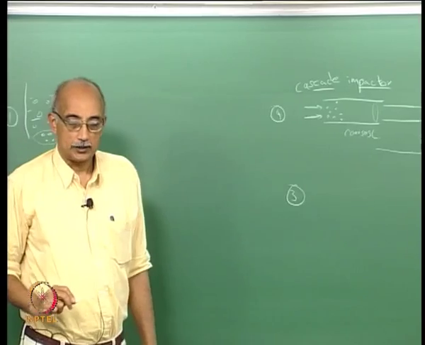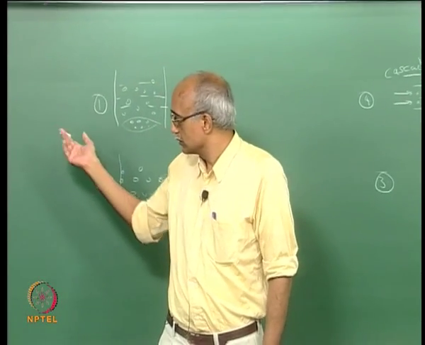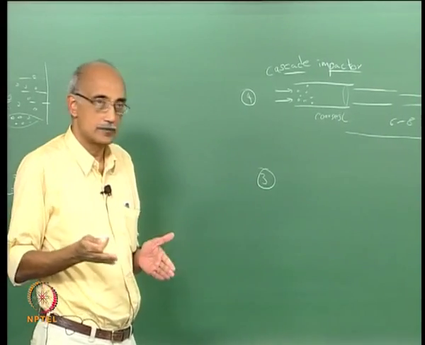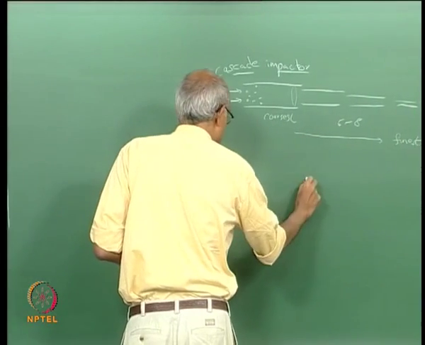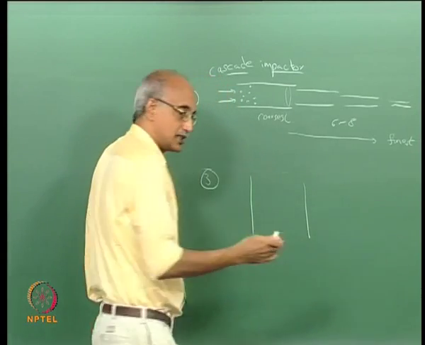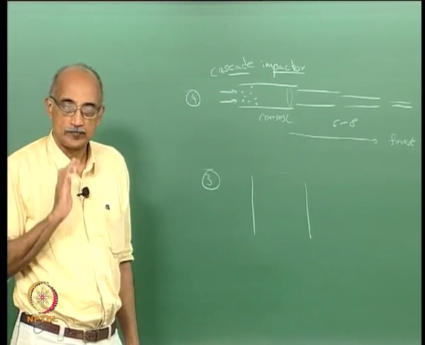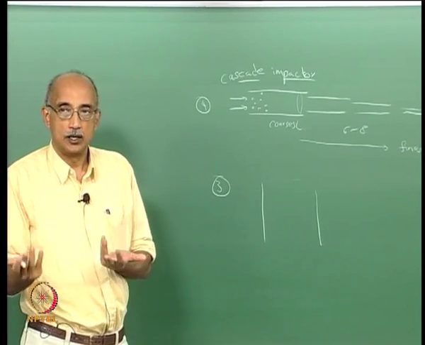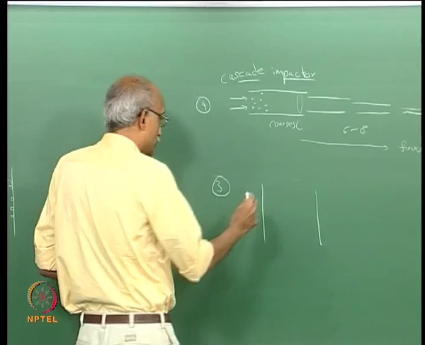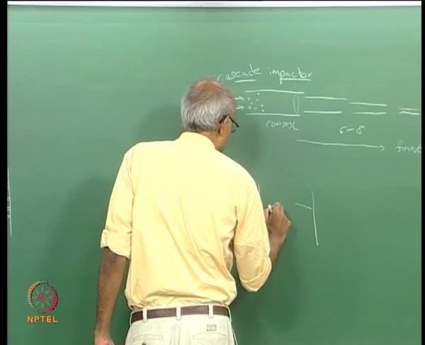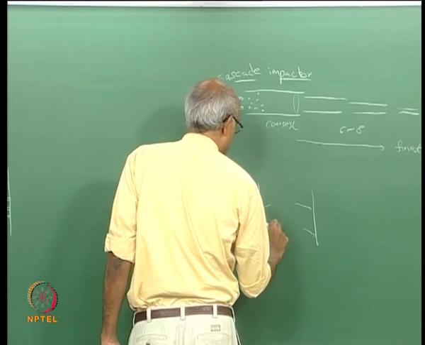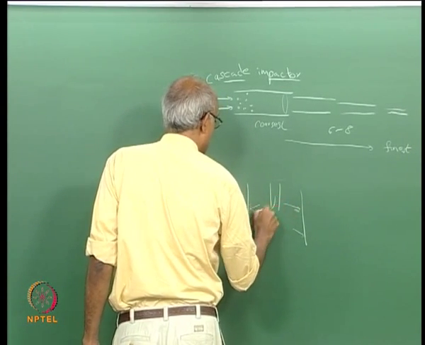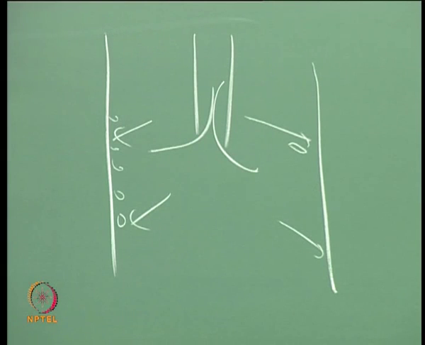An impingement collector is actually close to a winnowing classifier in the sense that it is done in a single stage, but the only difference is that instead of using centrifugation to accelerate the particles, you actually introduce them as jets, so that they are entrained in high velocity fluid, and so the particles are made to impinge on the surfaces and collect at these locations by introducing them through the center through high velocity nozzles.